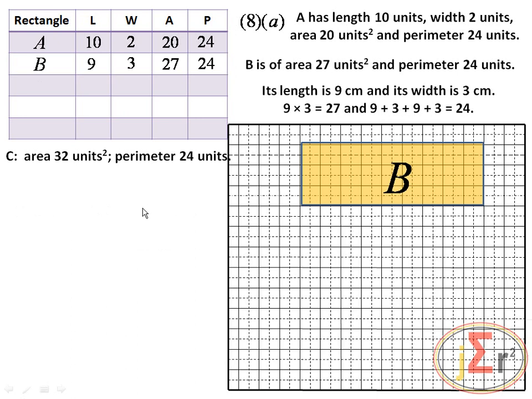C has area 32 units squared and the perimeter 24 units. All of the perimeters for the first set of rectangles will be equal to 24 units. So we have 32 units squared, and we are sure that the length is 8, the width is 4, the perimeter is 24.